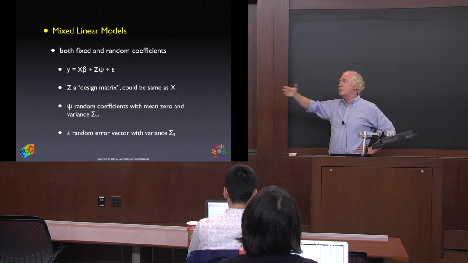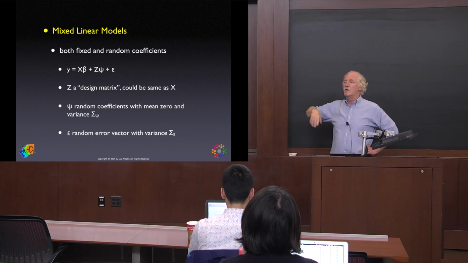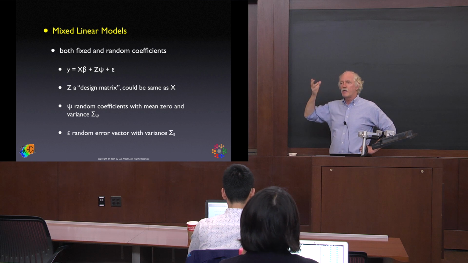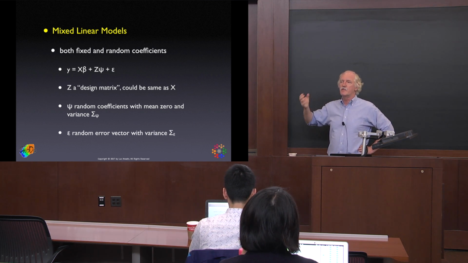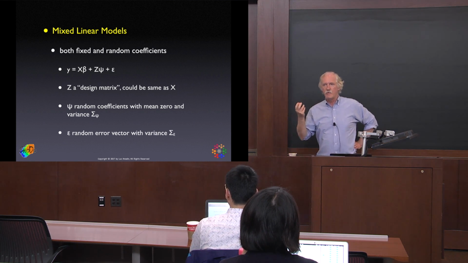This design matrix could be, for example, in a multi-level context, corresponding to different nestings of the data. But the important thing is that the design matrix has something which is a coefficient, but it's not really a coefficient, it's a random term. And this random term typically has a mean of 0. You set it up to be that way.